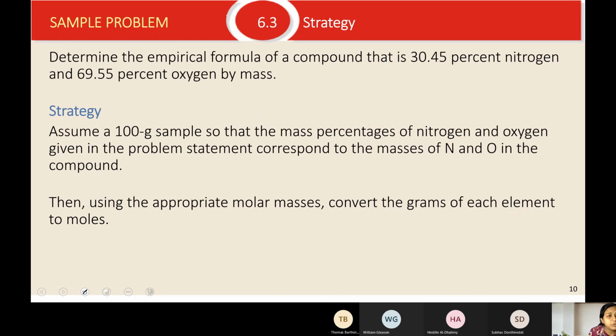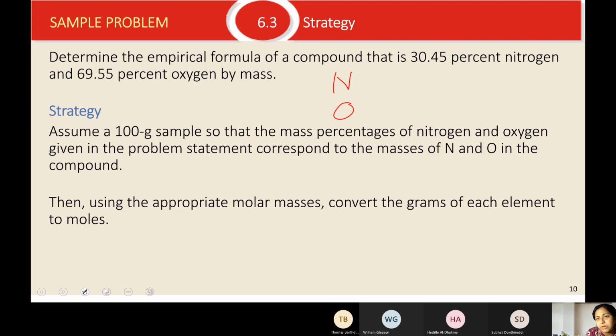Now we are asked to determine the empirical formula of a compound that is 30.45% nitrogen and 69.55% oxygen by mass. So what are the two elements that this compound has? Yes, it is nitrogen and oxygen.